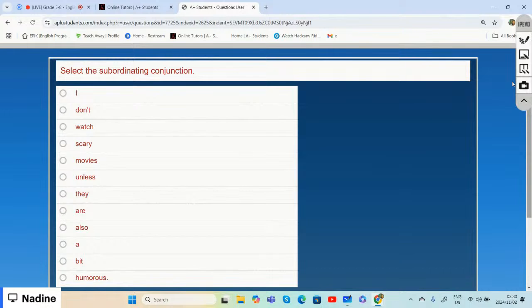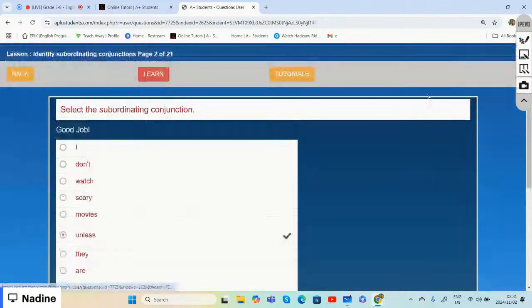We need to choose or select the subordinating conjunction. And if we were to choose our correct option, we will say unless is our conjunction. Well done.